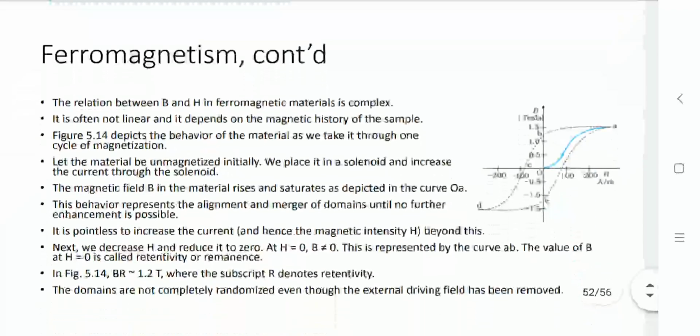Now we are going to observe the relation between magnetic field B and magnetic field intensity H, that is produced due to the external field and the current.